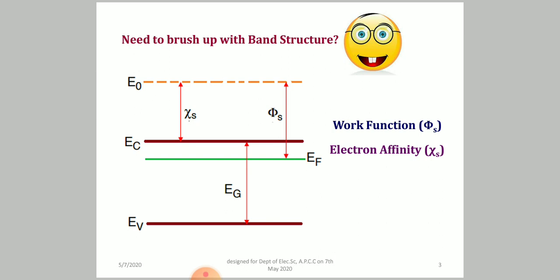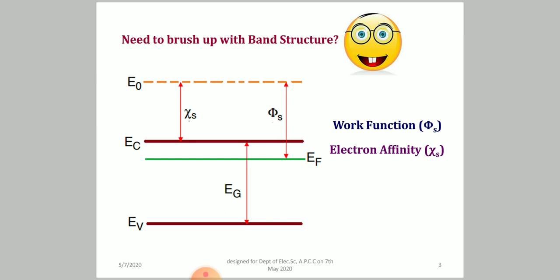Now, electron affinity is the amount of energy required to liberate an electron from the conduction band to the vacuum level. Please remember, electron affinity is the amount of energy required to liberate an electron from the conduction band to the vacuum level.